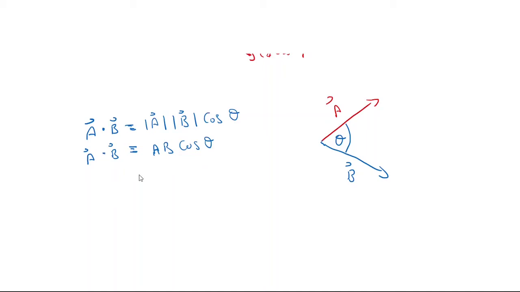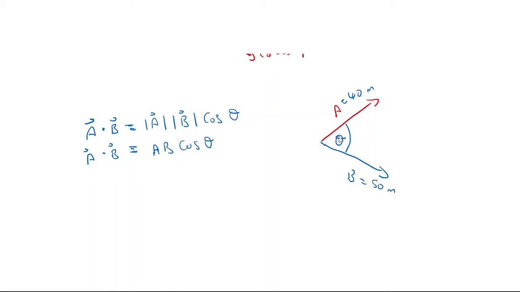So I need to find the magnitude of A, find the magnitude of B, and then I'll get that. Let me say hypothetically A has a magnitude of 40 meters, and B has 50 meters.